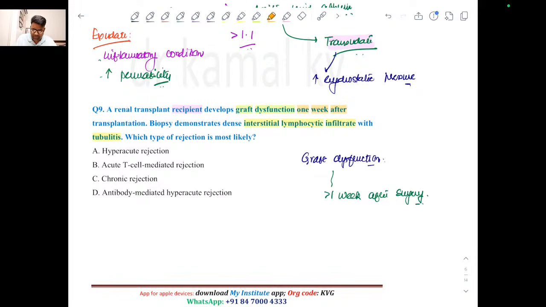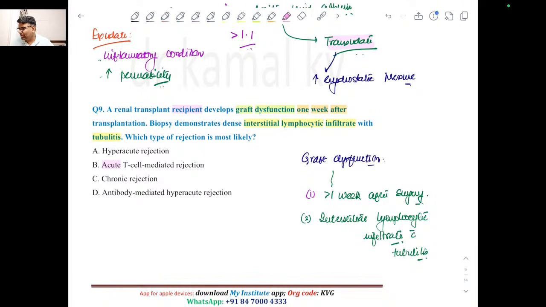So this is obviously one point which is helping us here, and then second, there is interstitial lymphocytic infiltrate with tubulitis. Okay, these 2 points are sufficient to call it acute T cell mediated rejection, right?